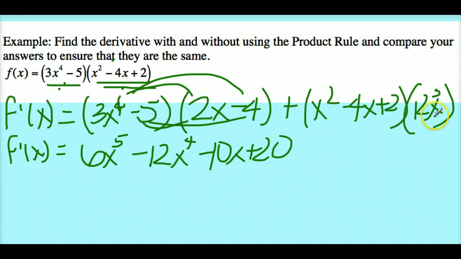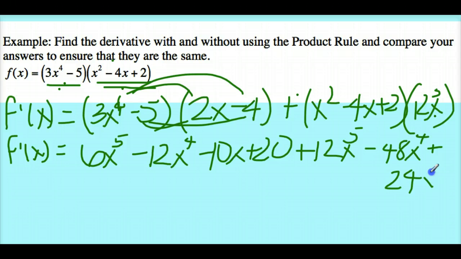And if I distribute this and keep them positive, I'm going to get plus 12x to the fifth minus 48x to the fourth, plus 24x cubed. And so now I'm going to collect all my like terms so I can simplify this function.